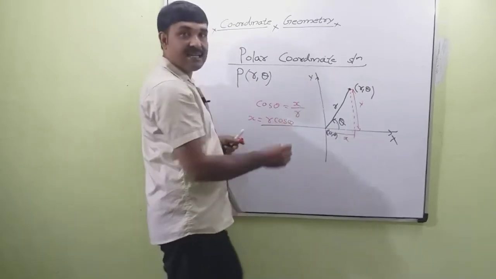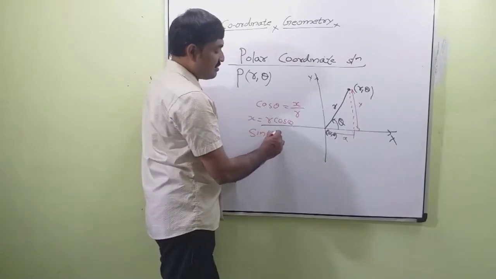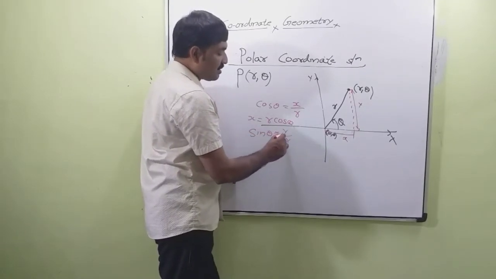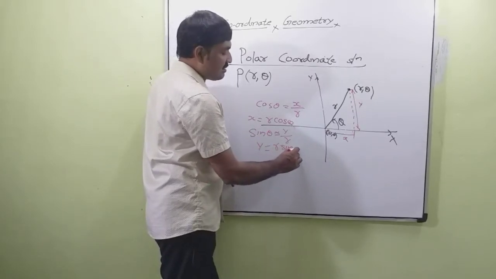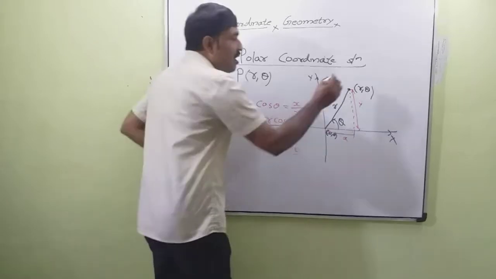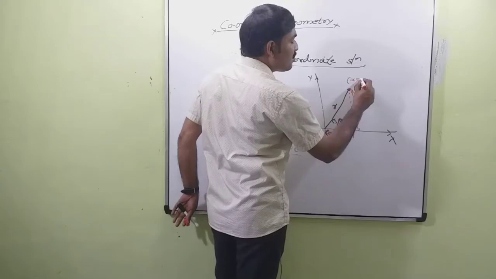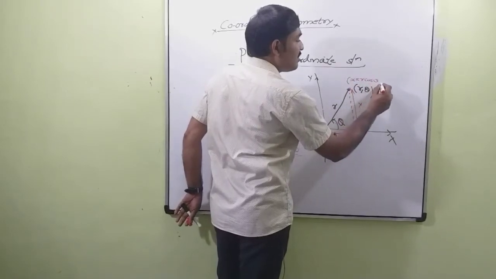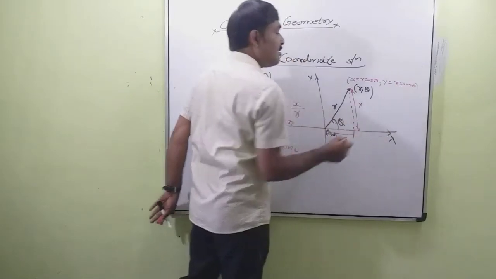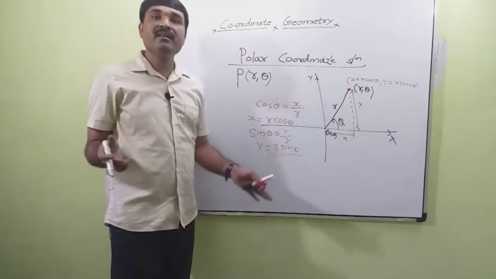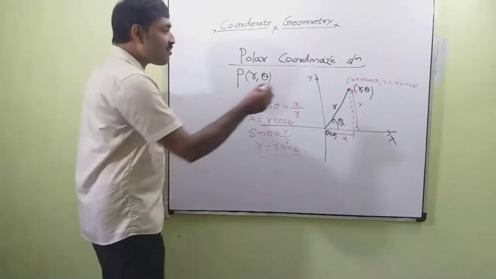And sin theta is equal to y by r, which implies y is equal to r sin theta. So for a point in xy coordinates, x is equal to r cos theta and y is equal to r sin theta. This is the conversion between the Cartesian coordinate system and the polar coordinate system. So what is the value of r?